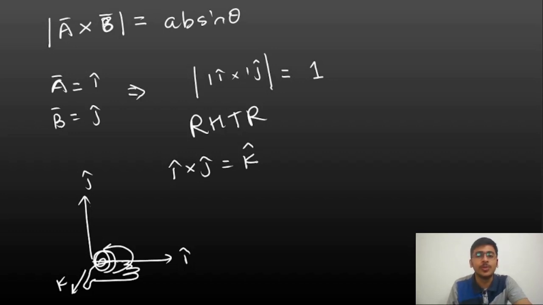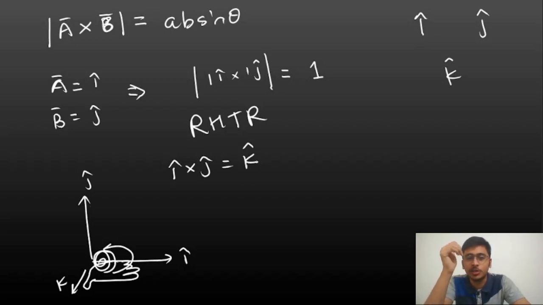So to remember all these things, you can either remember this circular diagram I cap, J cap, K cap, or use the right hand. The right hand thumb rule works best. You just have to keep your hand on the first vector, curl it toward the second vector, and the thumb will give you the direction of the third vector. You just have to understand what plane it is, and then that plane will have your curl and the thumb will point to the perpendicular direction.